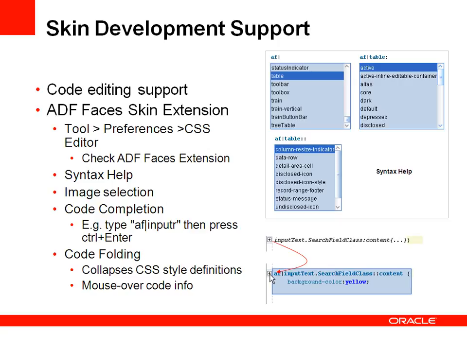You see that if you start typing AF, it shows you all the components. You continue typing with table, it shows you now what are the pseudo classes there. If you put a double colon there, then you see that it shows you the areas of a component. And the same areas, everything that you see in those boxes, is part of the skin selector documentation.